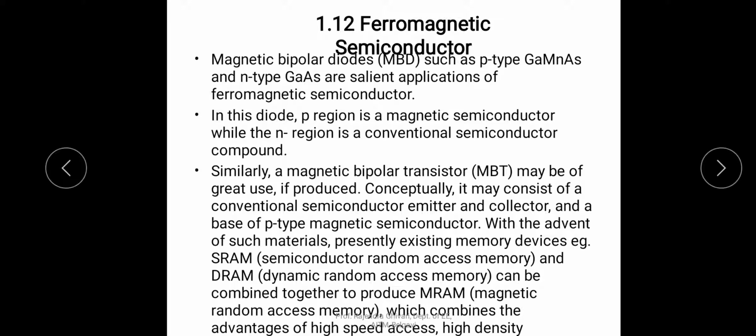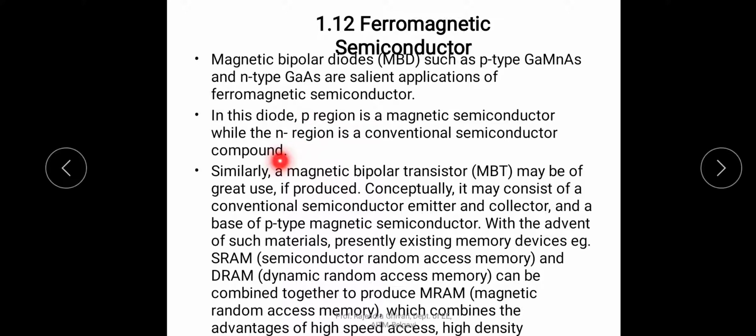Here, the magnetic semiconductors are semiconductor materials which exhibit both ferromagnetism and some useful semiconductor properties. In the case of the magnetic bipolar diode, which is called MBD, the P region is a magnetic semiconductor, that is gallium manganese arsenide, or you can say gallium arsenide doped with manganese, and the N region is a conventional semiconductor compound, gallium arsenide.